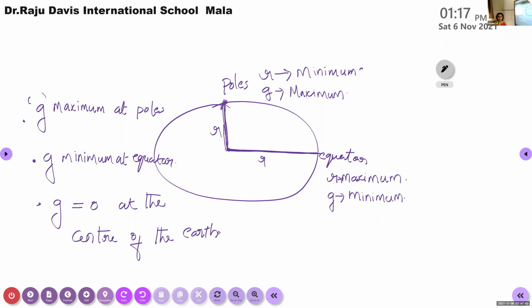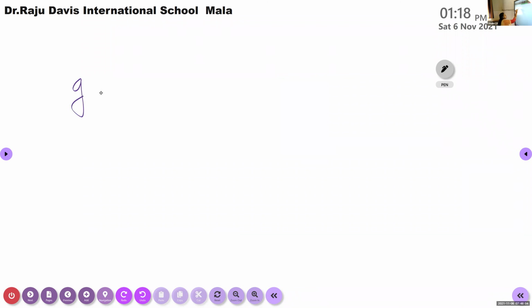Sometimes it may be asked why the value of g, acceleration due to gravity, is equal to 0 at the center of the Earth. Because at the center of the Earth, the mass of the Earth is pulled equally in all the directions. All of you write the answer. Why is the acceleration due to gravity g equal to 0 at the center of the Earth?